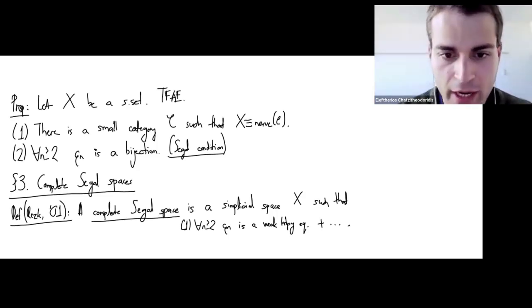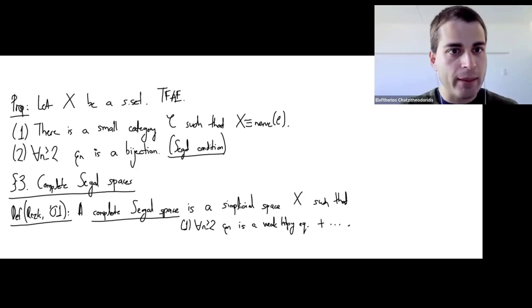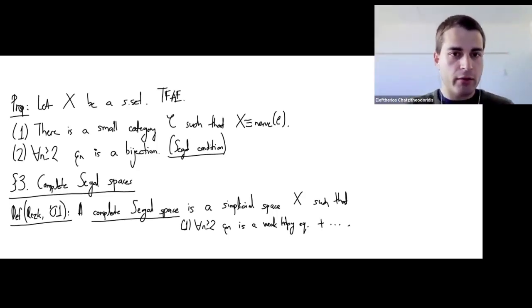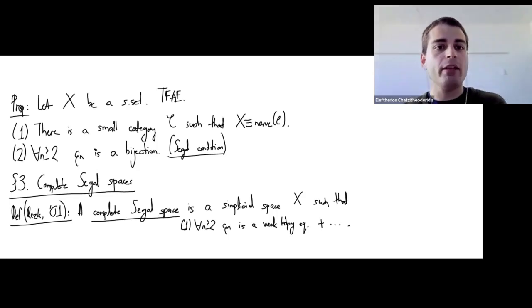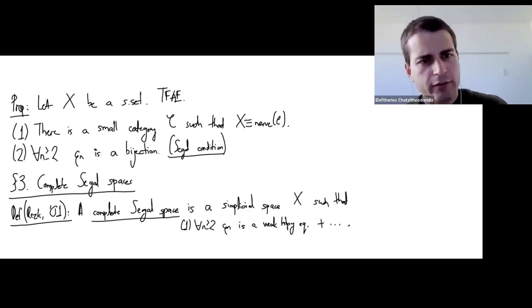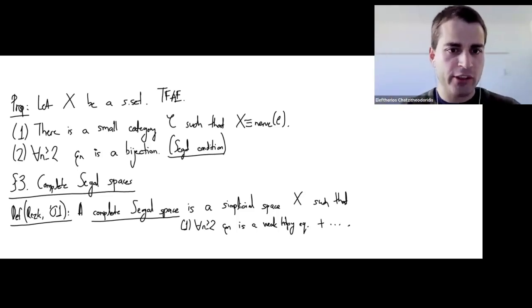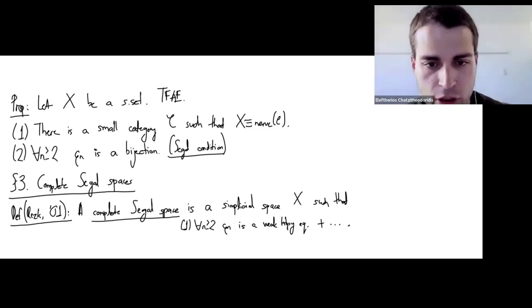The main takeaway is that you ask that the Segal maps be not isomorphisms of, in this case, spaces, but weak homotopy equivalences. So this gives you a notion of morphism composition that is well-defined, associative and unital, but only up to deformation. This is a way to model categories up to homotopy.